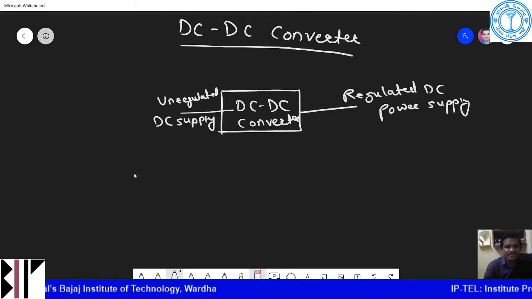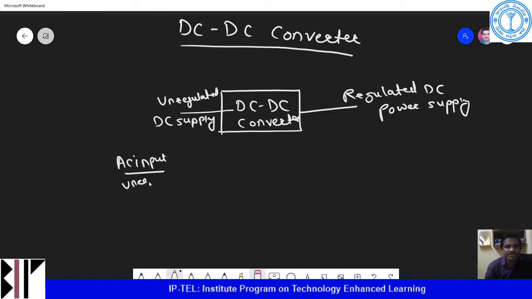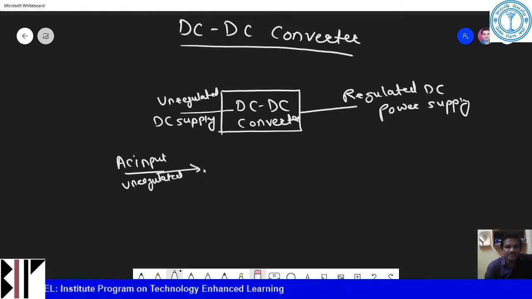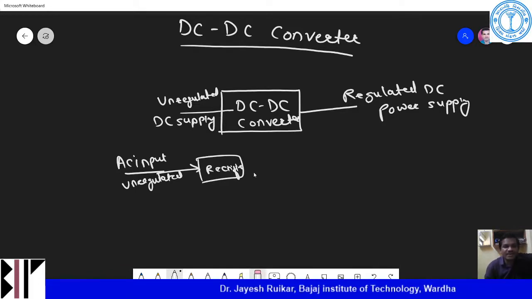This is my unregulated AC input, which is fed to a rectifier block, and that rectifier block will give me an unregulated DC supply.